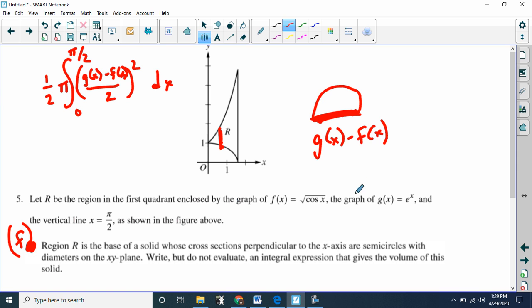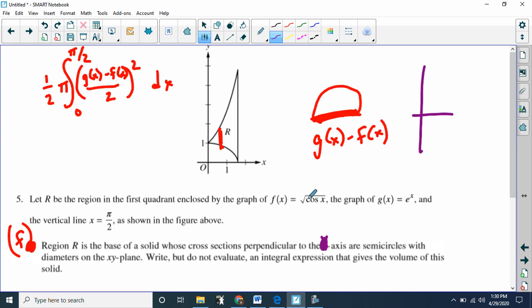If we happen to have one that said perpendicular to the y-axis, that wouldn't work on one like this, I guess. So if it is ever perpendicular to the y-axis, what we would do is solve for each of these.